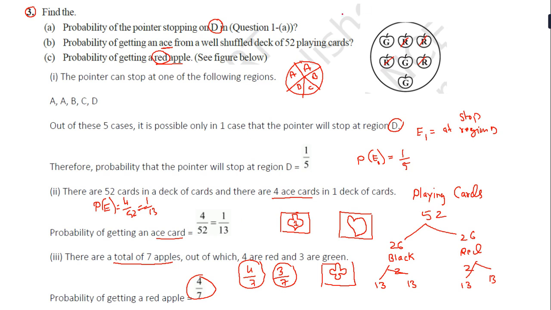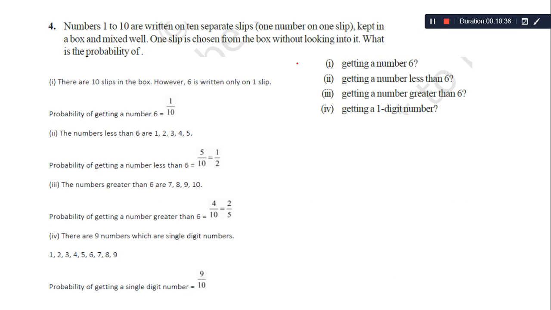Now question number 4, that is, third we have cleared. Now fourth: numbers 1 to 10 are written on 10 separate slips, one number on one slip, kept in a box and mixed well. One slip is chosen from the box without looking at it.